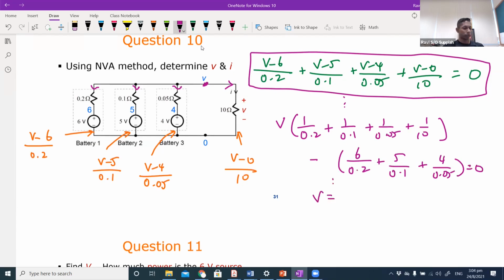If you know how to key everything into a calculator in one shot and get the answer, that would be good. So you get V is 4.56 volt, so this is the voltage here, and from there you get your current.